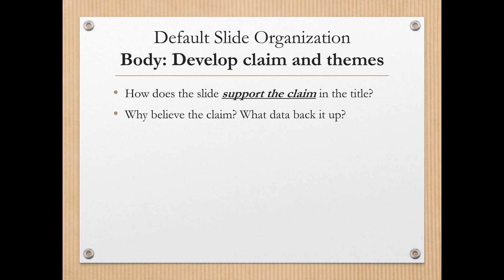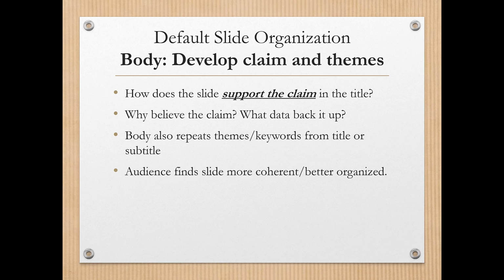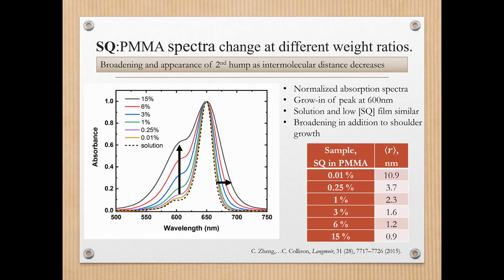What data backs up the claim that's being made? The body also does a job by repeating themes and keywords from the title, and this helps again in coherence. Remember that the audience will find the slide more coherent and better organized when that data addresses that specific claim.